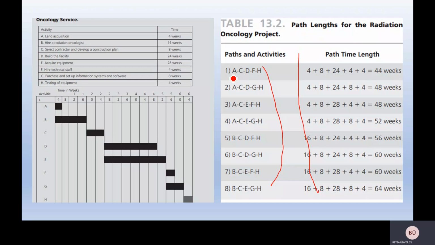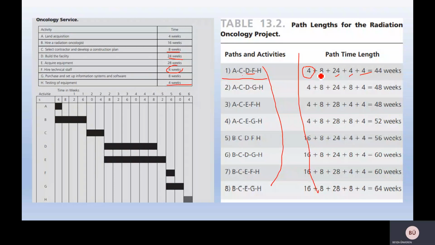C is 8 weeks. D has 24 weeks. F is 4 weeks. And activity H has 4 weeks. By summing this path time, it's 44 weeks.